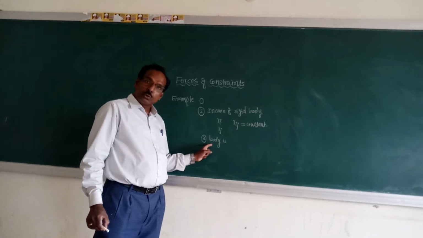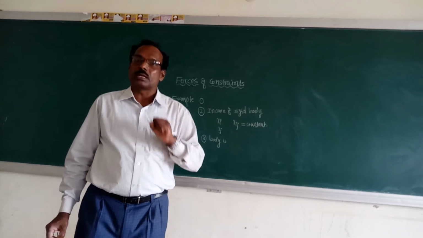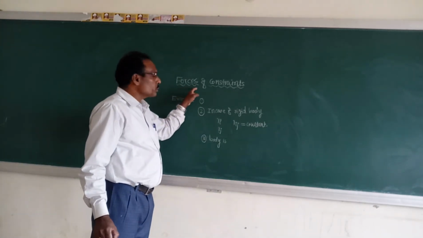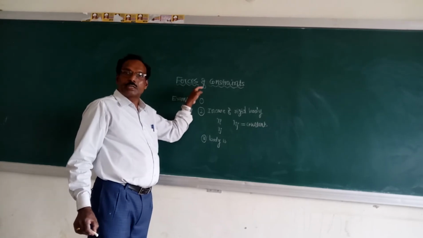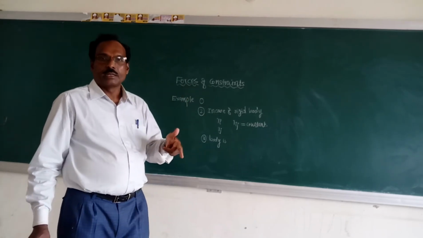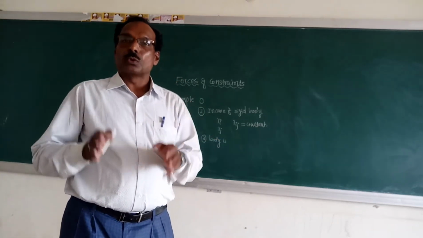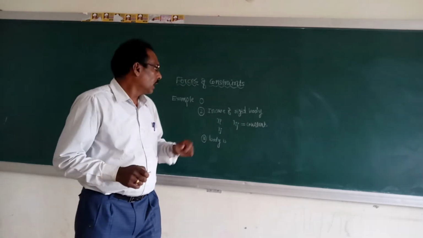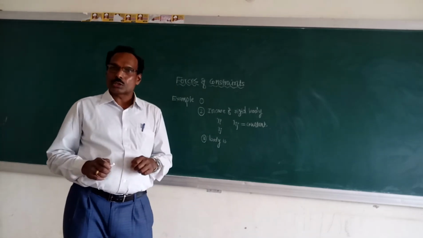There exists a force on the body by the surface of the sphere, and that force we call force of constraint, because constraints are related to forces, and these forces restrict the motion of a body. The forces are known as constraint forces.